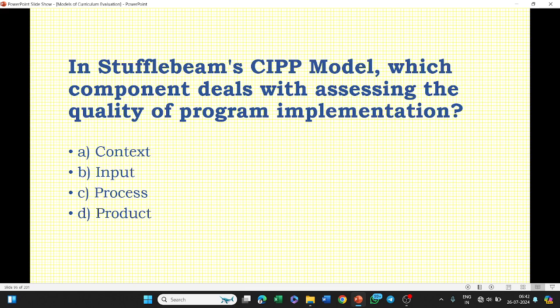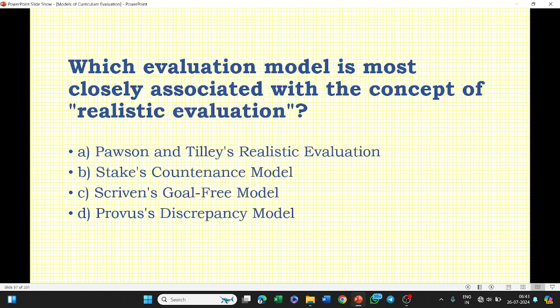In Stufflebeam CIPP, which component deals with assessing the quality of program implementation? Options: context, input, process, product. Answer of this question is option C, that is process. Next, which evaluation model is most closely associated with the concept of realistic evaluation?